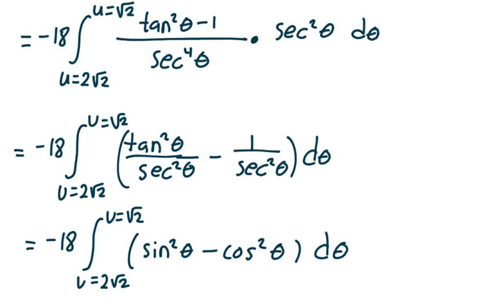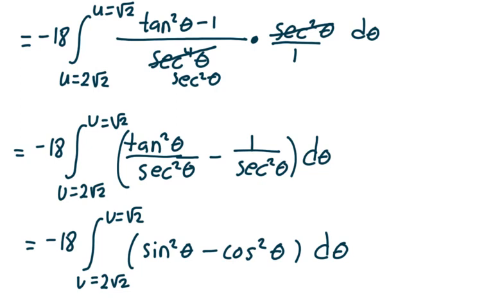Okay? Now, over here, secant squared theta goes into secant to the 4th theta, secant squared theta times. So I'm going to cross this secant squared theta out. I'm going to cross this secant to the 4th out of theta and replace it with secant squared theta.